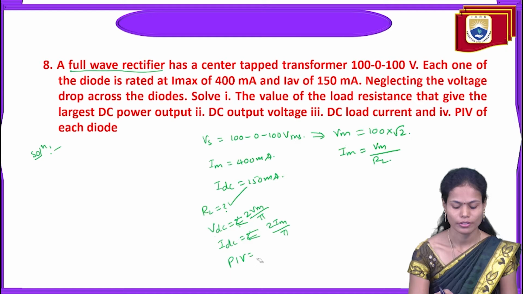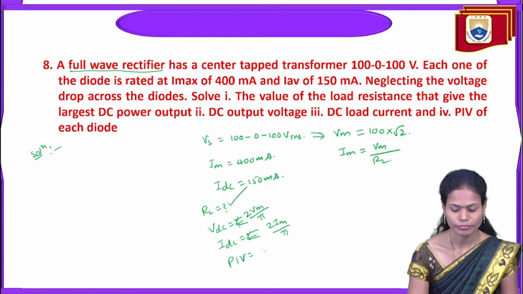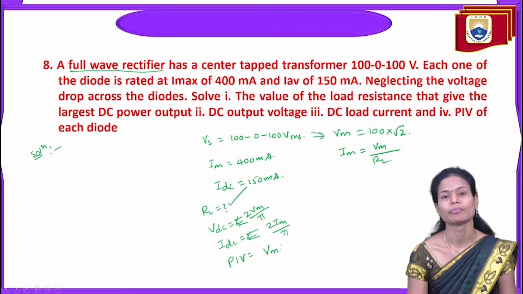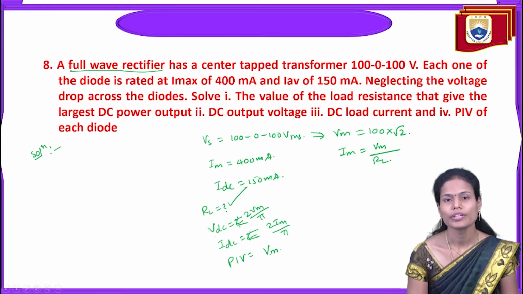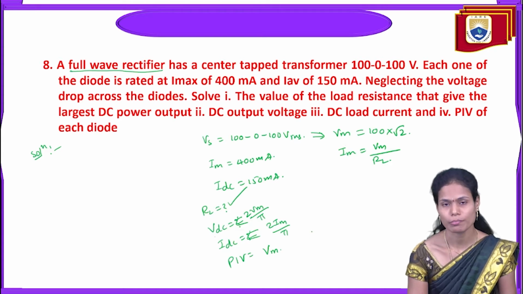So it is Vm here. Why? Because even though we are utilizing two diodes in the case of the center tapped transformer, in each cycle only one diode is in conduction mode, and the other is in reverse bias condition. The maximum voltage present across the reverse biased diode indicates the peak inverse voltage of the rectifier.